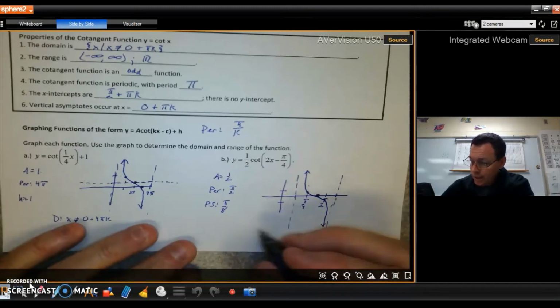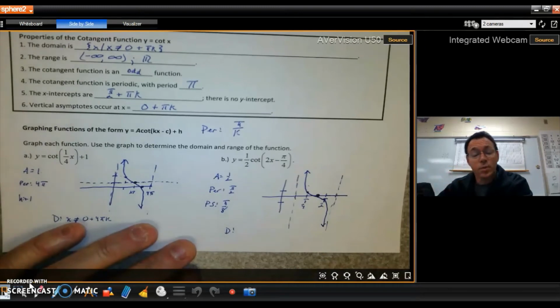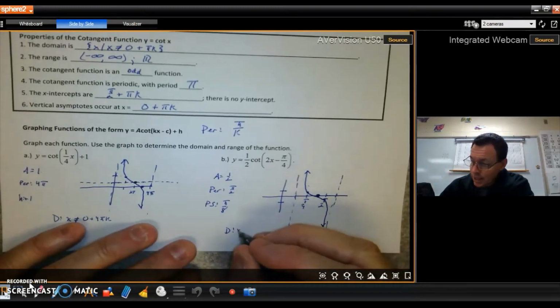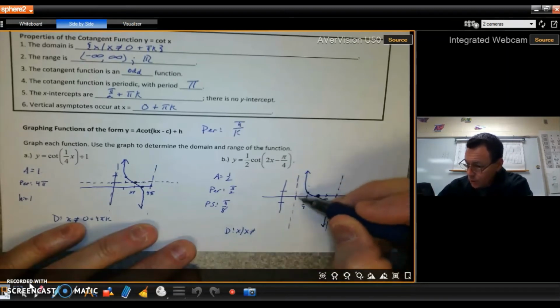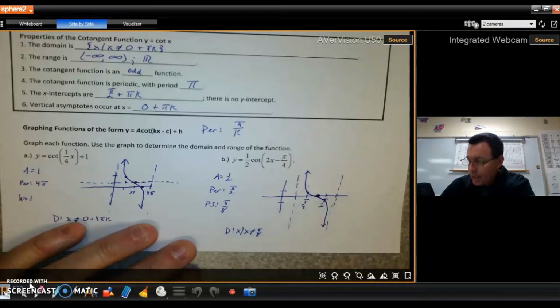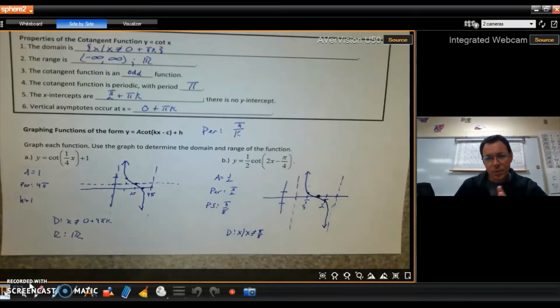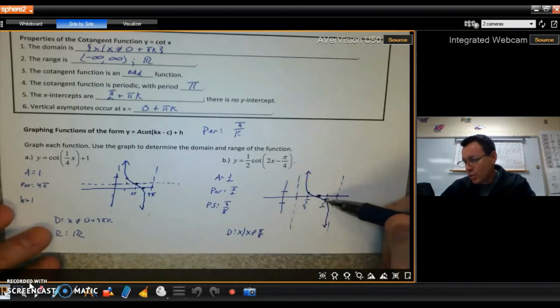Okay, what's our domain? What x values, or where do we have vertical asymptotes? X is not allowed to equal pi over 8. And then go back and look at the original. Remember before we shifted? This vertical asymptote would have been here. This vertical asymptote would have been here.